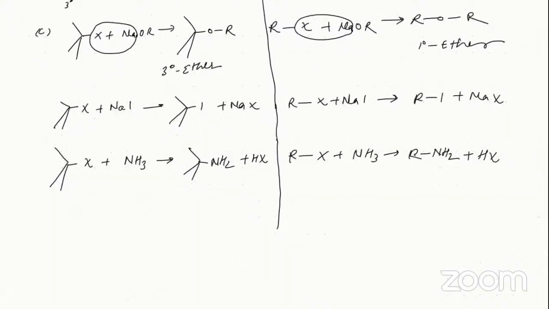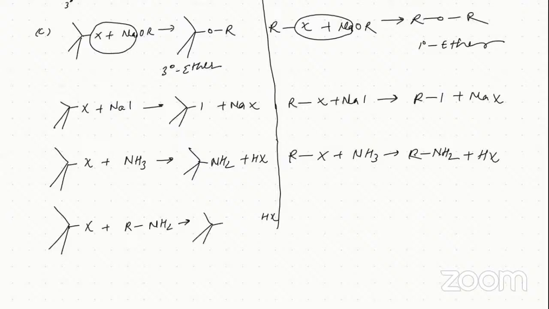Are you getting this question or should I elaborate that one? No, sir, I'm getting. Here is RNH2 if you are taking, so one hydrogen and one halogen, HX, will be out. What is it going to give here? This is the 3 degree, and here is what is left out.